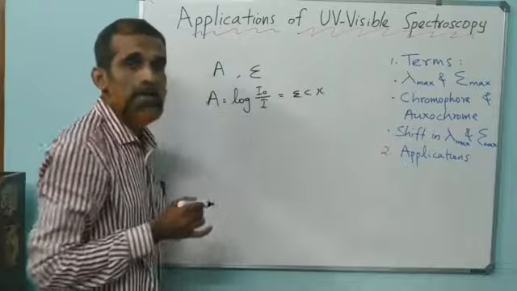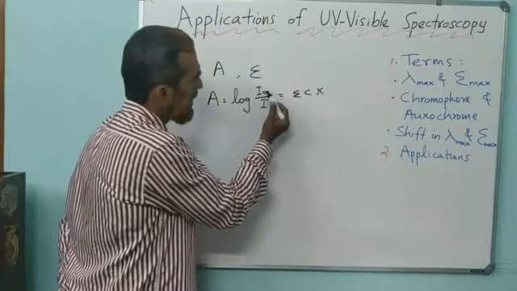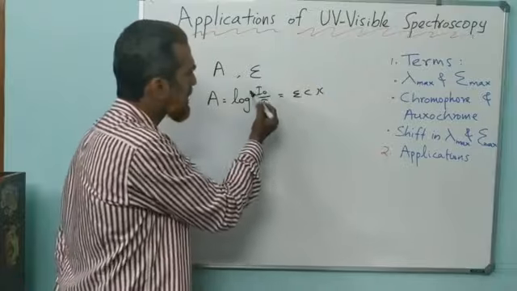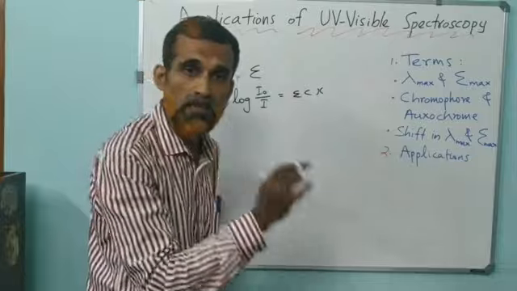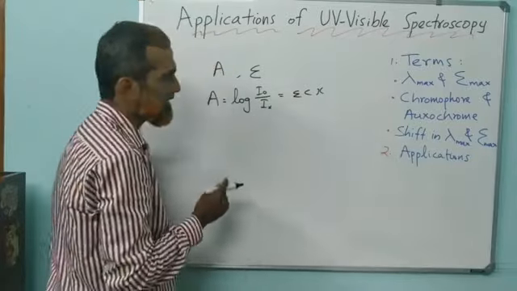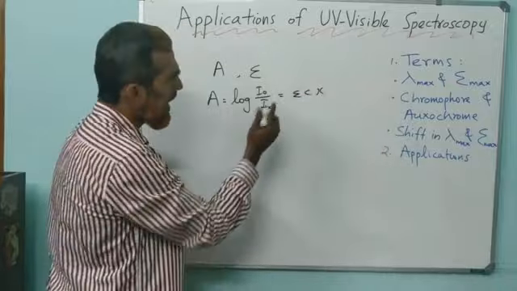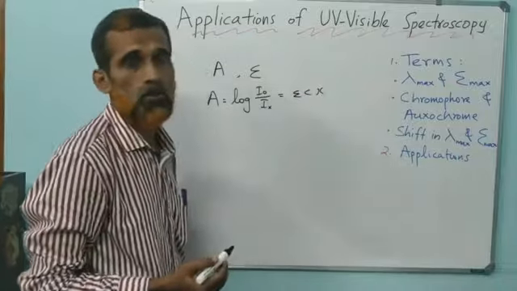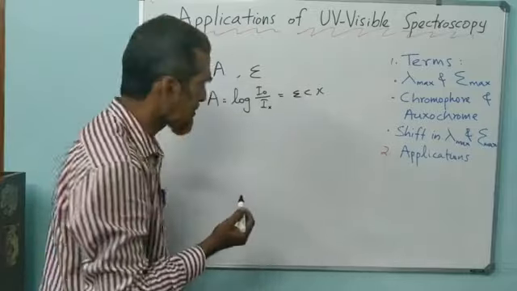So A is absorbance, which is a logarithmic term. It's log of I0 by I, where I0 is the intensity of incident radiation, and I, or we write Ix also, is the intensity of the transmitted radiation. And epsilon is a constant which is called molar absorptivity or molar absorption coefficient.